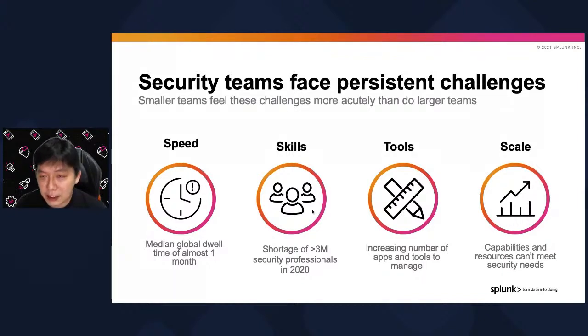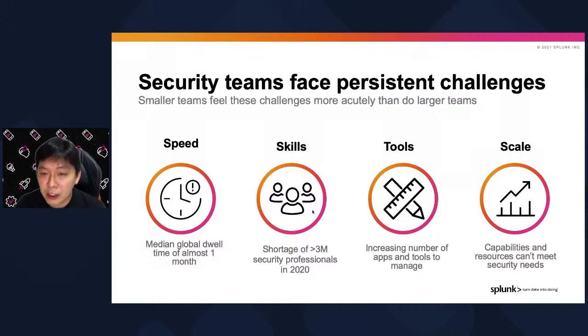One of the key reasons is compounded by the lack of skilled security personnel. According to research from ISC2, there is a shortage of about 3 million security professionals in the market. Not only that, there are also additional challenges such as the number of tools an organization uses.